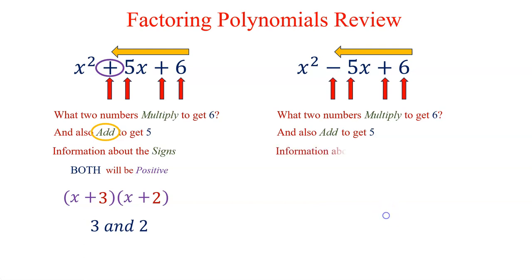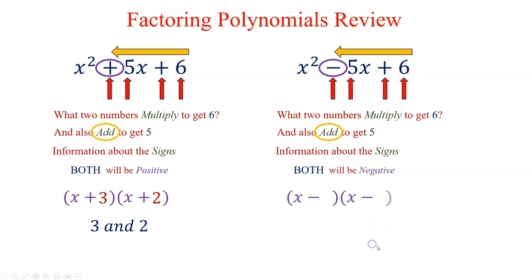Like before, because I said add, that lets me know both numbers will share that sign, so both will be, in this case, negative. I can set up my answer, both being negative. Now, my two numbers that multiply to get 6 and add to get 5 are again 3 and 2.